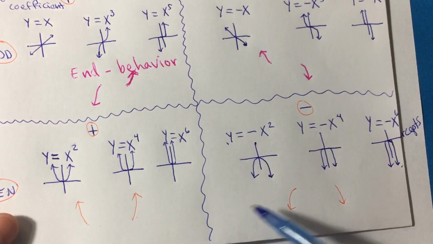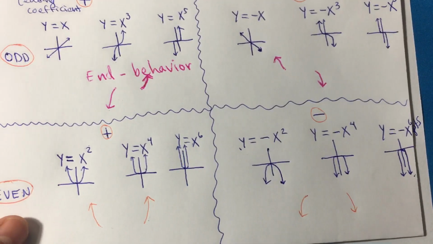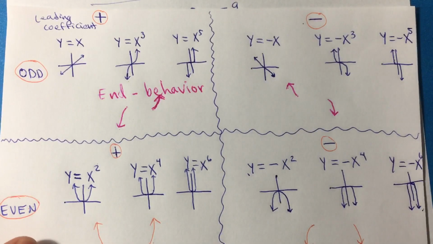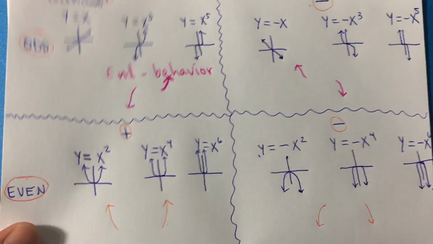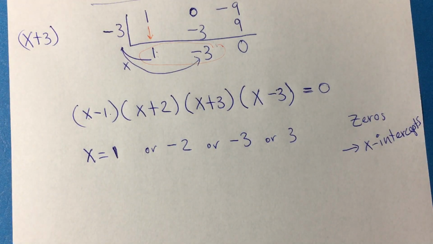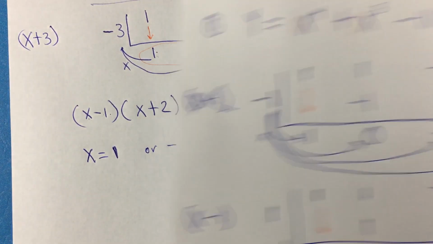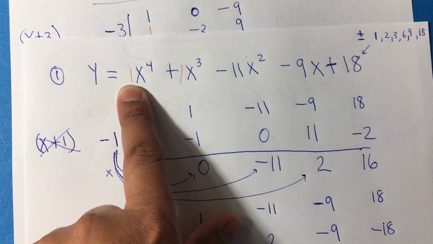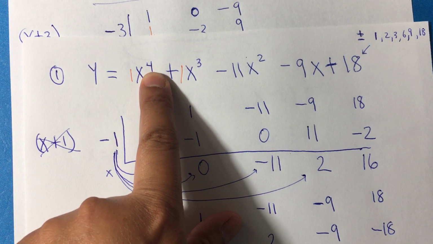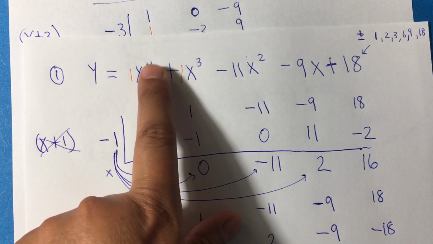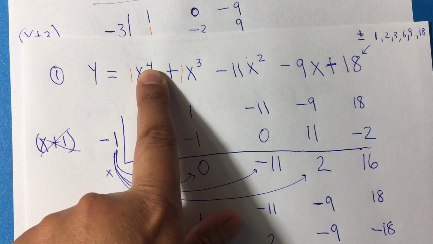This will be handy in this entire unit, so make sure that you take note of that. Pause the video and take note of it if you haven't. And so the first thing that we need to see: do we have a positive or negative leading coefficient? That's the first thing that we need to know. Actually, I would recommend doing this first: if it's even or odd. And I'm talking about the highest degree.